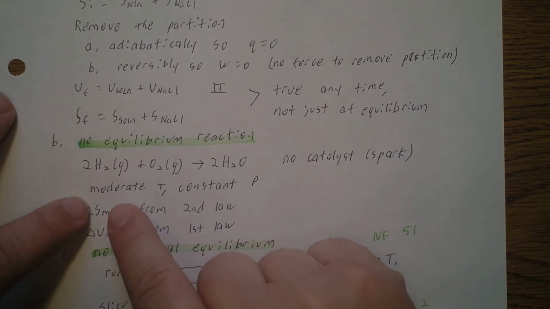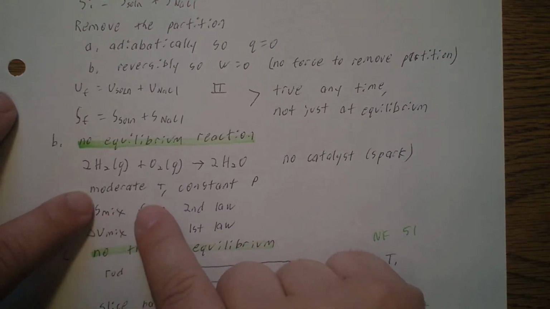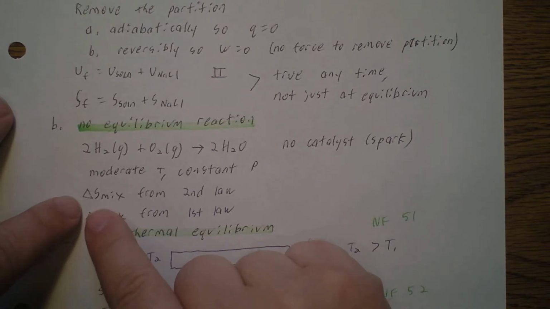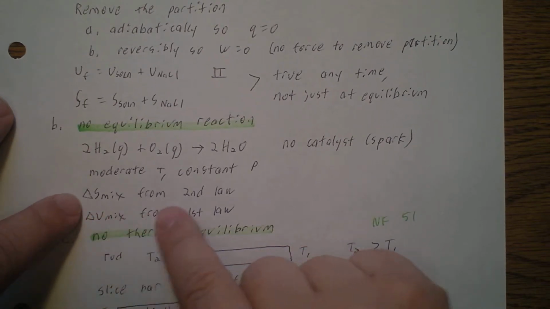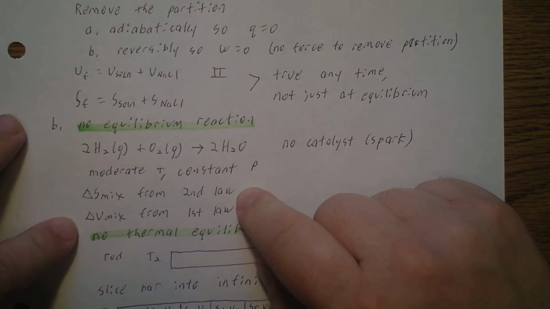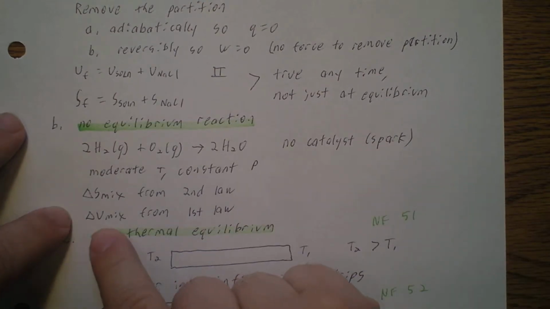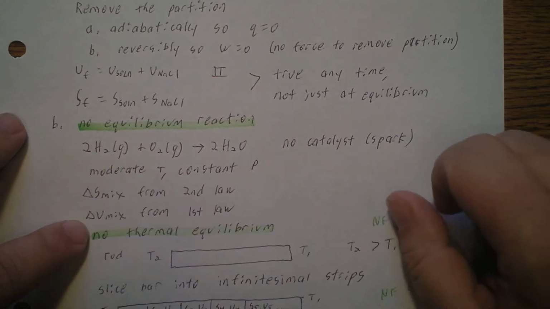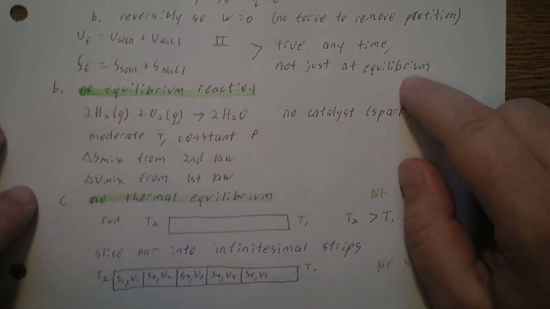We'll talk about why later on. So we're at moderate temperature, constant pressure. There will be entropy of mixing, a change in entropy just from mixing because of the second law of thermodynamics. And there will be a change in internal energy of mixing just from the first law, because these are not ideal gases, remember. They have intermolecular forces and so on.